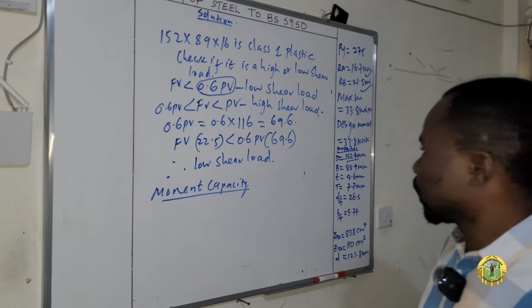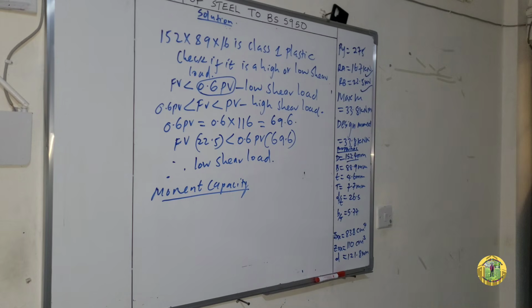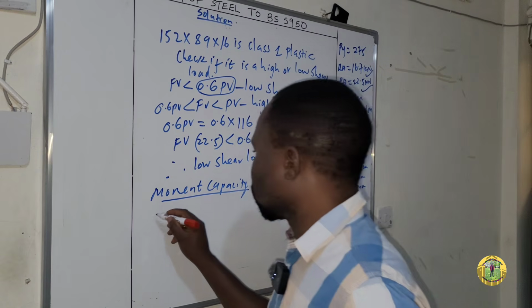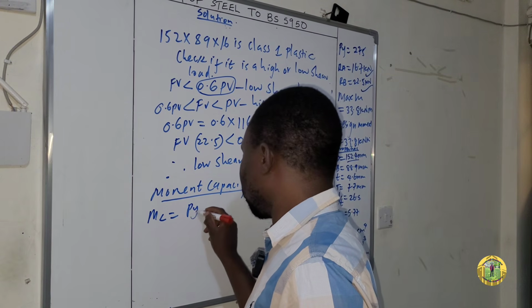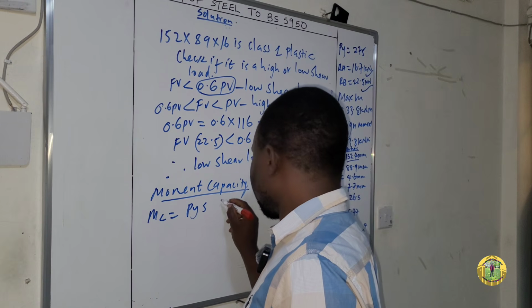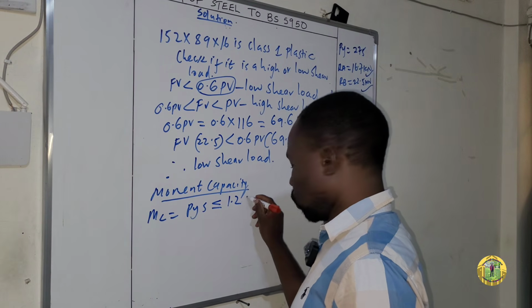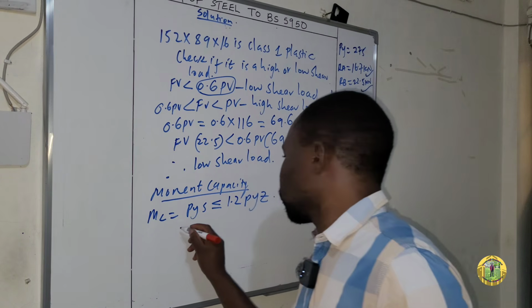So this moment capacity is for a low shear load. Moment capacity is given by this formula: moment capacity is equal to Py S, and it must be less than or equal to 1.2 Py Z. So let's check.